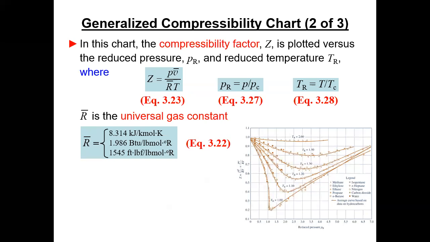Okay, there's some of the units on the ideal or the universal gas constant that goes into these equations. You need to really become comfortable. I mean, I always remember the 1545. That's just a number I can remember. So when I'm doing ideal gas law, I'm in US units, I remember 1545.